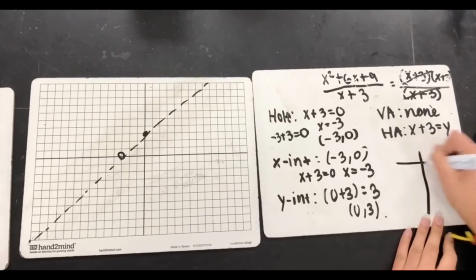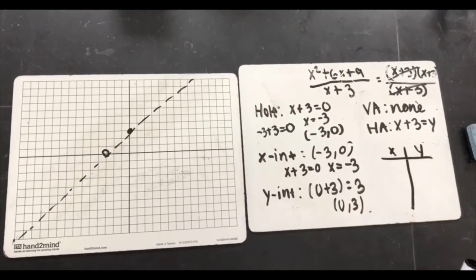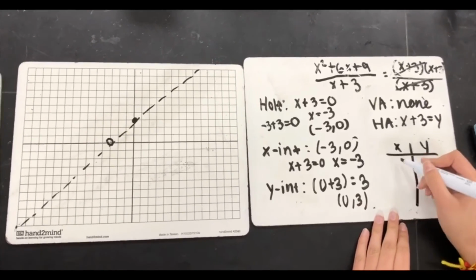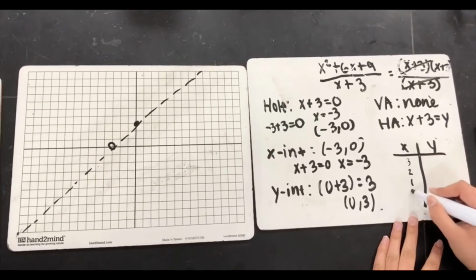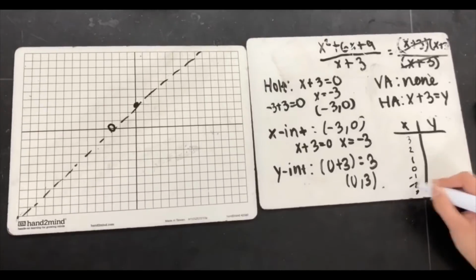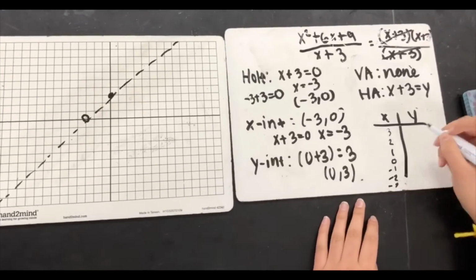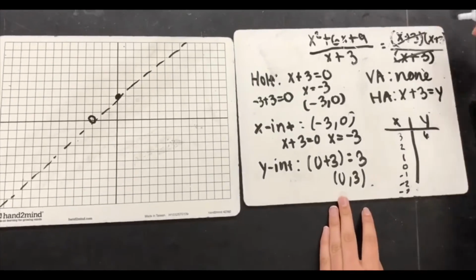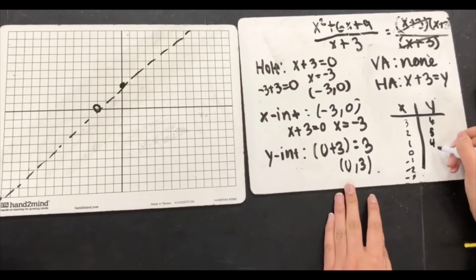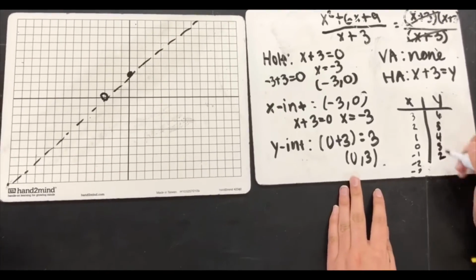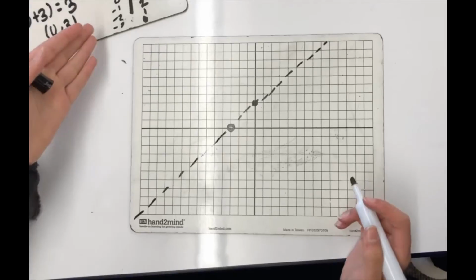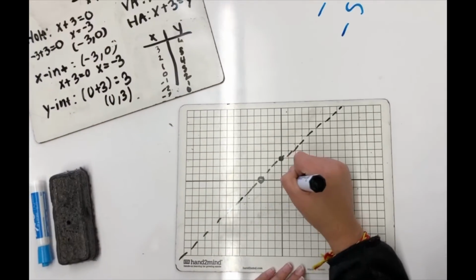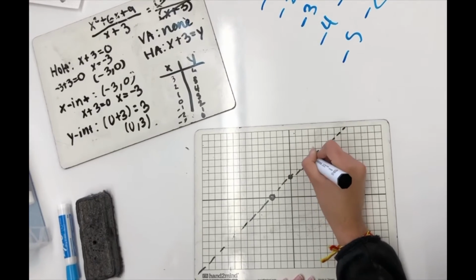Now we will put values of x and y in order to plot them on the graph. In order to find the values of x and y, we have to plug in the x values into the simplified equation. Now we will plot them. So we will look at this and plot.